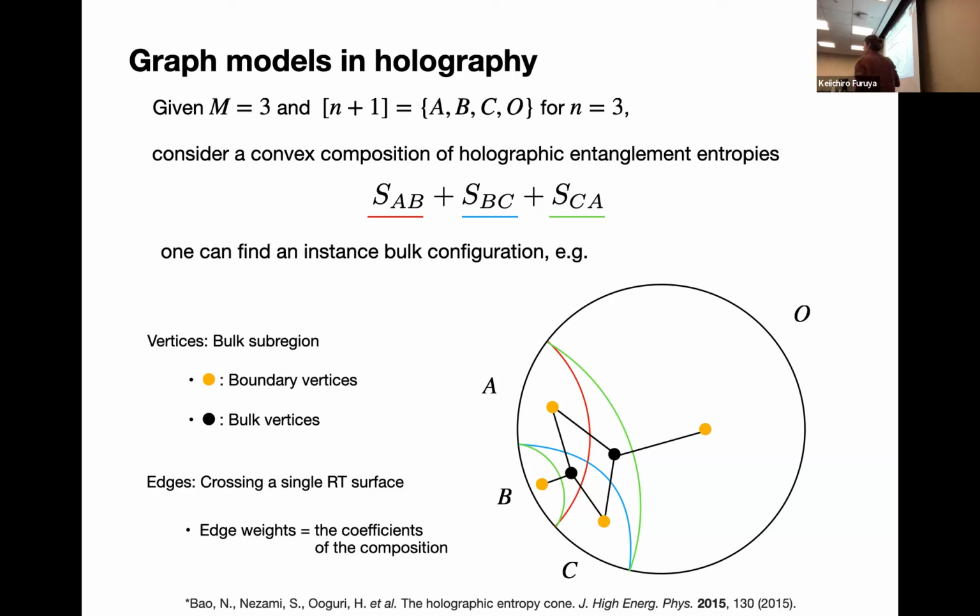Are the inequalities you're going to talk about 2+1 specific, or generic? It's generic. We haven't proven it, but it should be generic. Yes, the arguments are for 2+1, and I'll tell you why. As long as entanglement wedge nesting is correct, this should be true, and there's no requirement on the geometry of these regions.